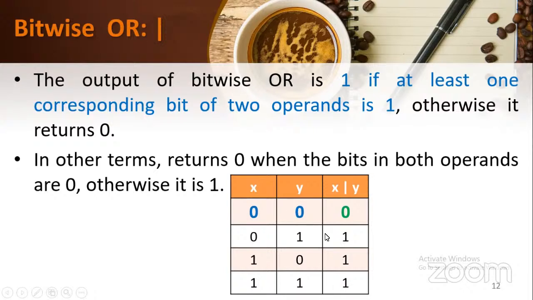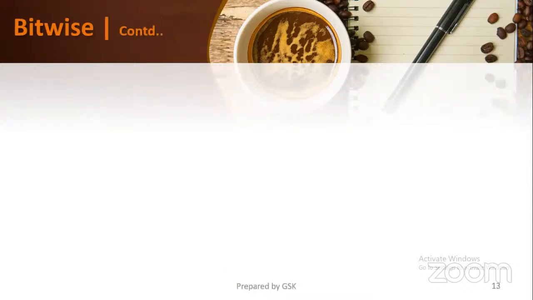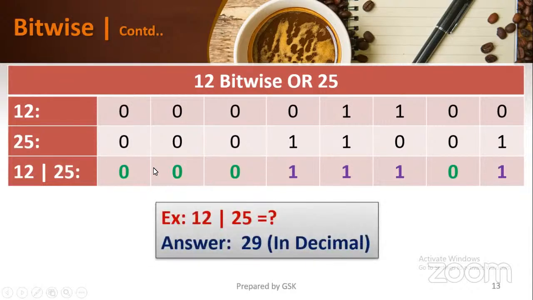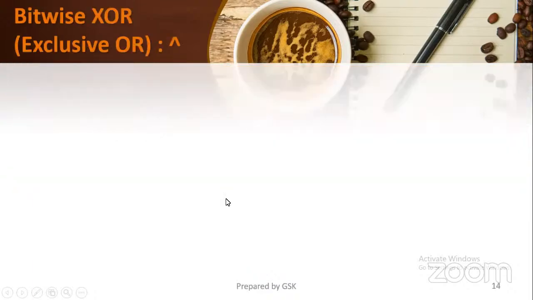You can say the same rule in a different manner: whenever we have two zeros, the final value is 0. In all remaining cases, the output is 1. The two rules give the same meaning. This is about the bitwise OR operator. No need to explain more, we covered it just now, only the formula is different. Here we are implementing OR.